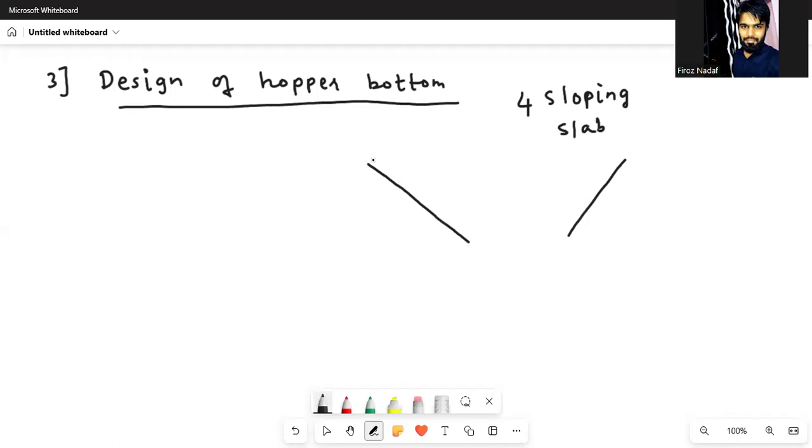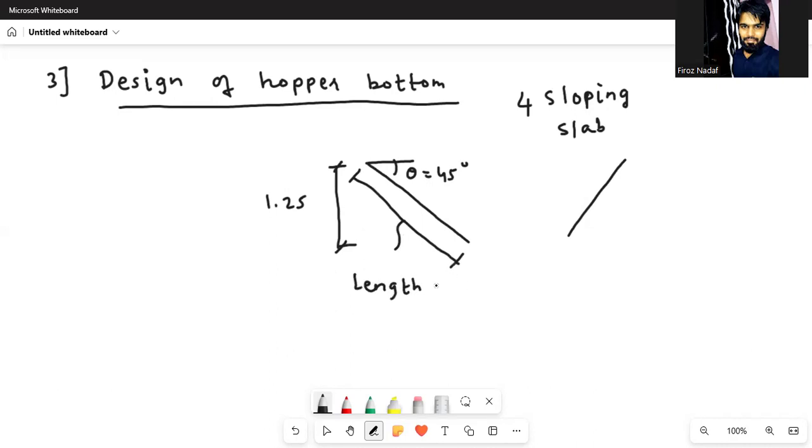Okay. And the angle of the slope is theta, that is 45 degrees. This is more or less constant in the case of bunkers. And the height that we have already calculated is 1.25. We need to find the length of the sloping slab. This is important. So how will we find the length of the sloping slab?